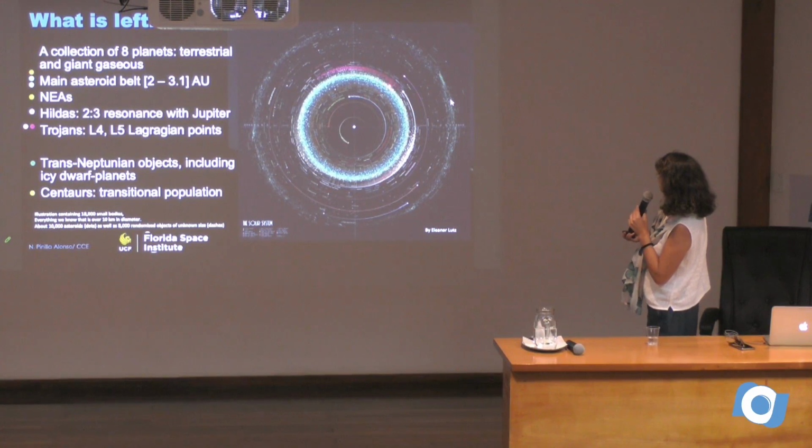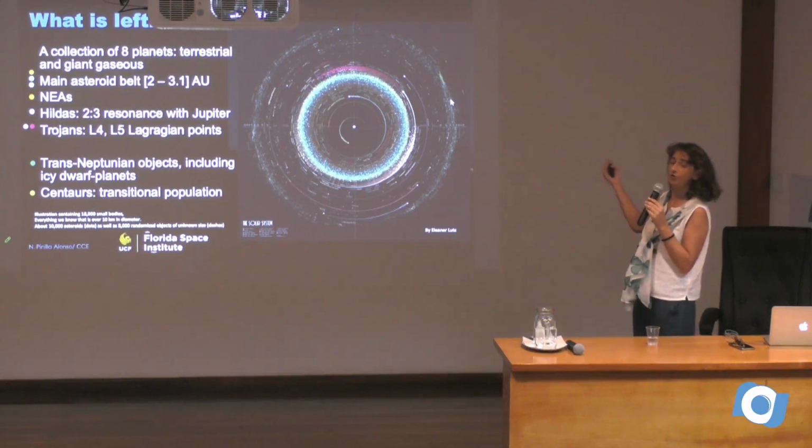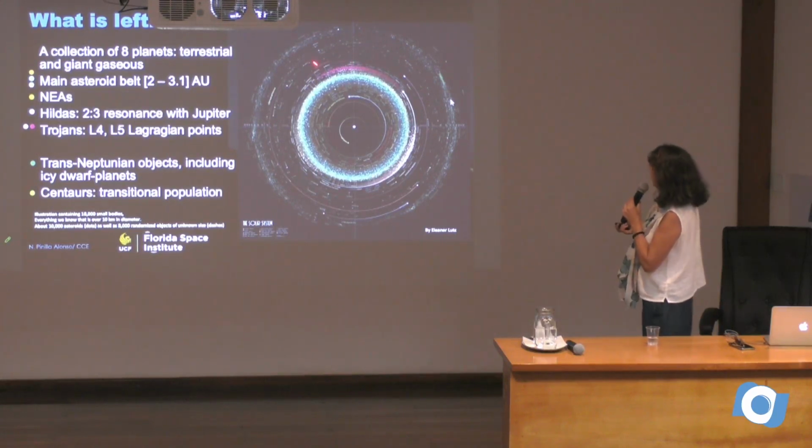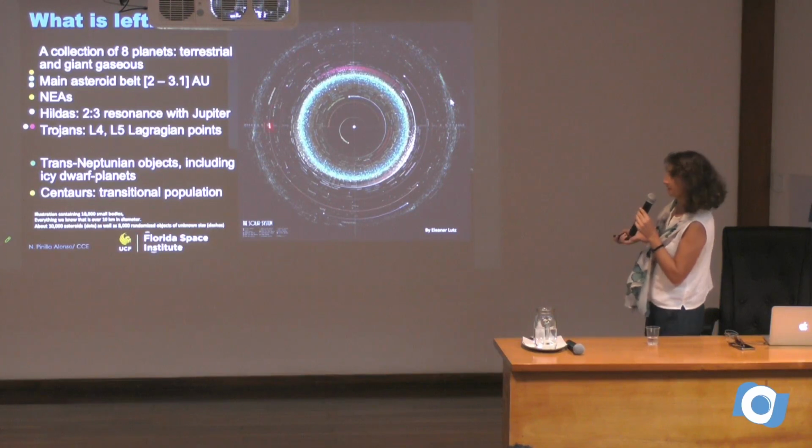Then you have these clouds, the clear pink one, that are in resonance with Jupiter, and that are the Hildas. You have the two clouds of Trojans that go before and after Jupiter. And then you have outside Jupiter all of these objects that are the trans-Neptunian objects.